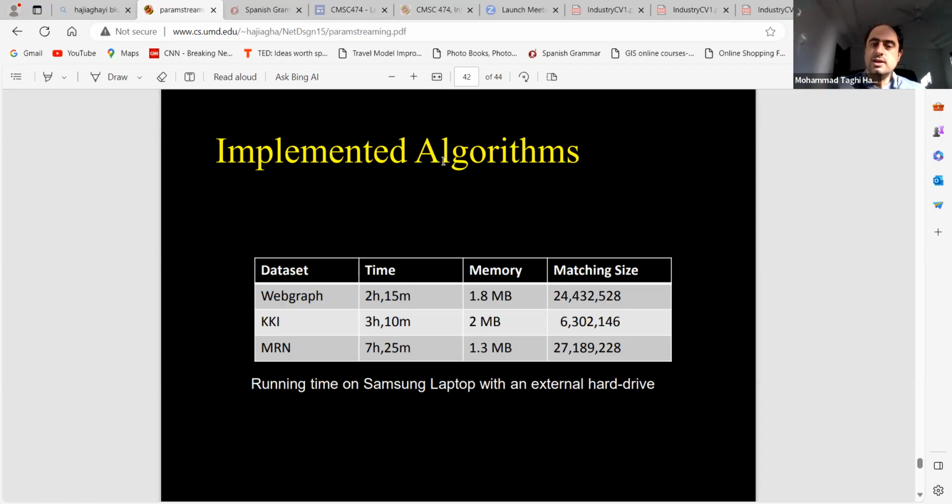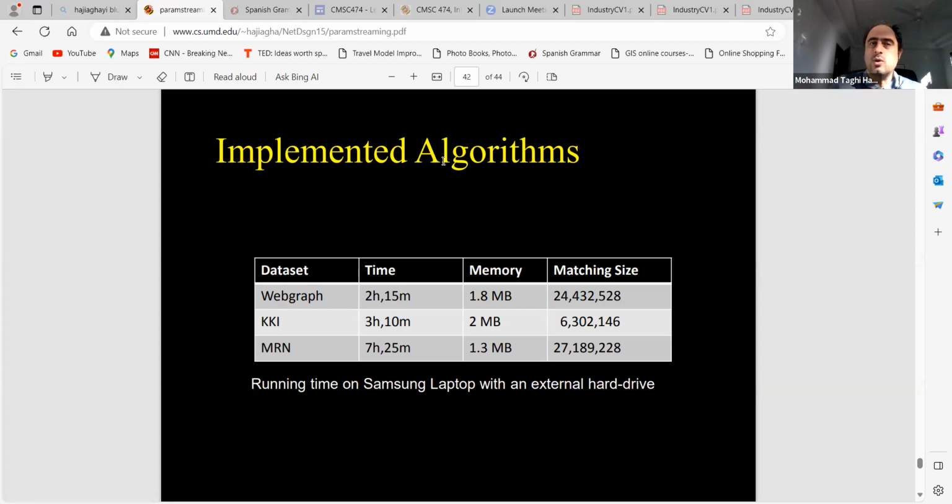I used the external hard drive to run this algorithm, just reading from the external hard drive. And this is the time that it took me to find the matching size and the vertex cover in these big graphs: about 2 hours, 3 hours, and 7 hours for different things.